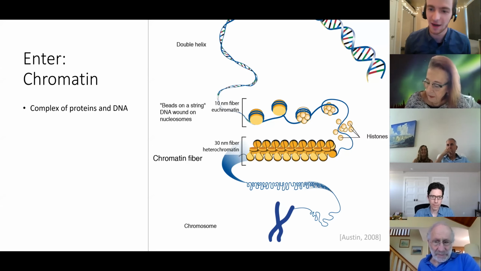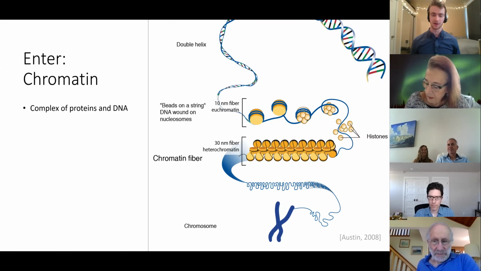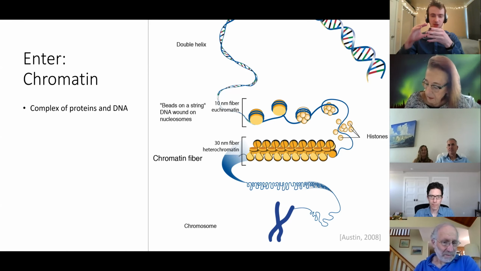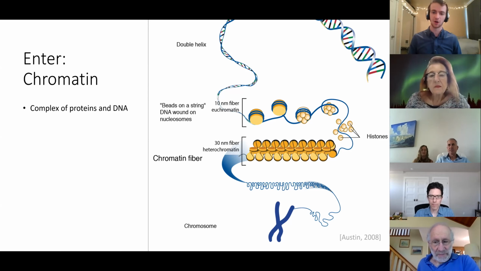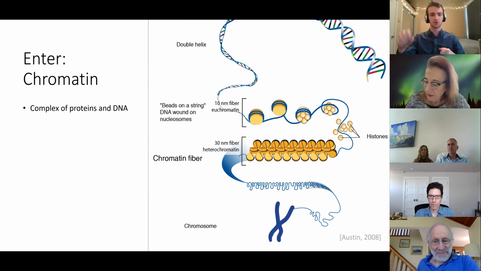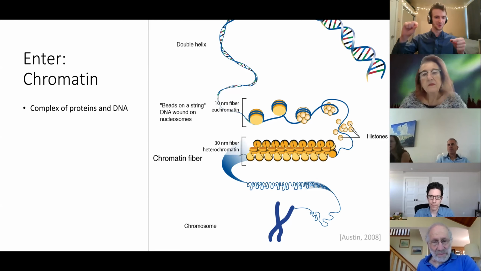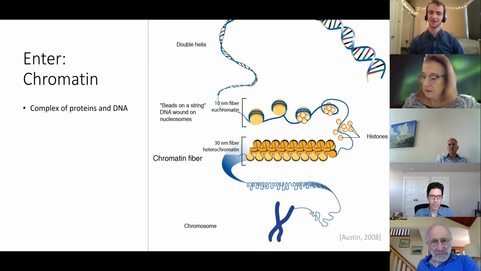And in fact, your body has protein spools that it uses for DNA, which are a complex of 8 proteins called histones, that the DNA is wrapped around, forming something called a nucleosome. And when wrapped around the nucleosome, we call it a beads on a string formation, as you see there near the top. It looks like just little beads cascading on a string.